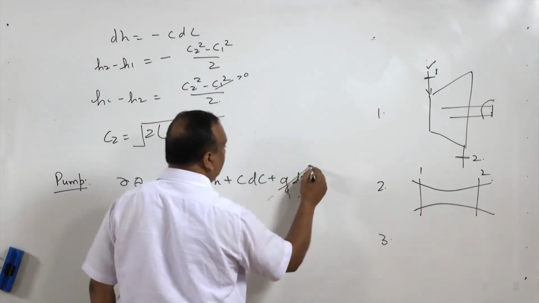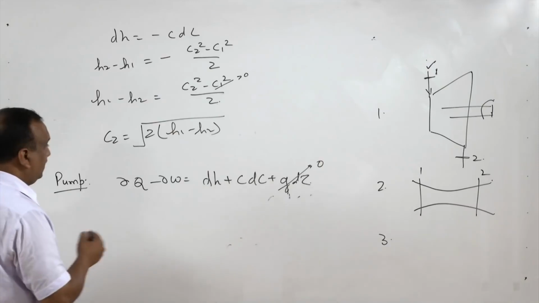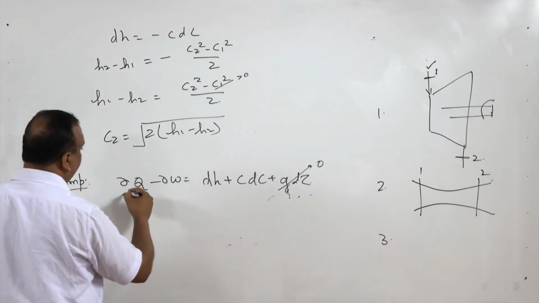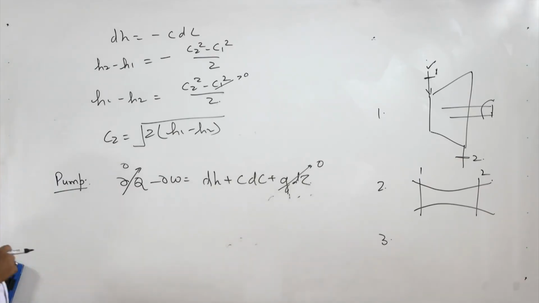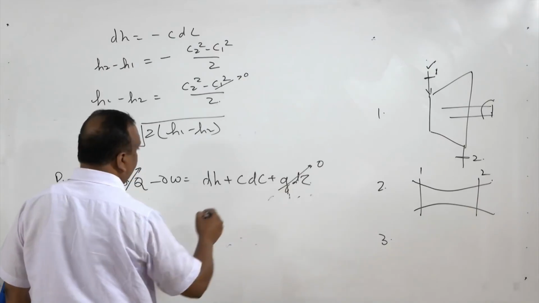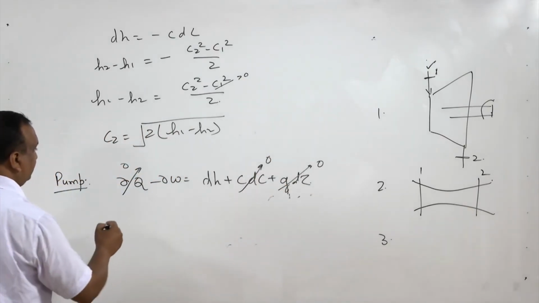In a pump, the process is again considered to be an irreversible adiabatic process or isentropic process, so the heat transfer term is 0, and the change in kinetic energy is also considered to be 0.